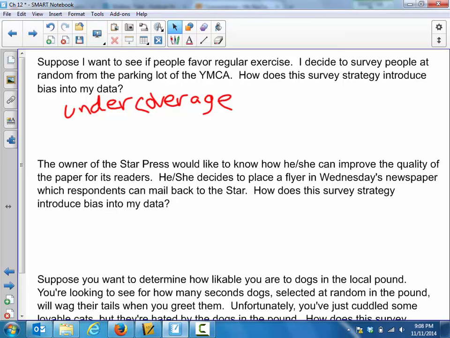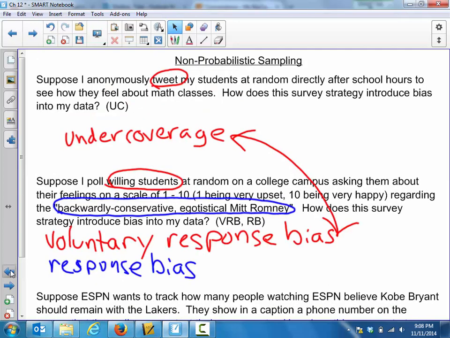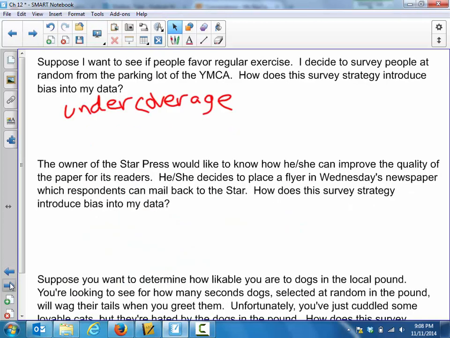where my sampling frame, again, is just the people who will be in the parking lot of the Y while I'm there, versus the population size being anyone who would live in Yorktown who could go to the Y, that's much greater, obviously, than just the group of people who will be in the parking lot.